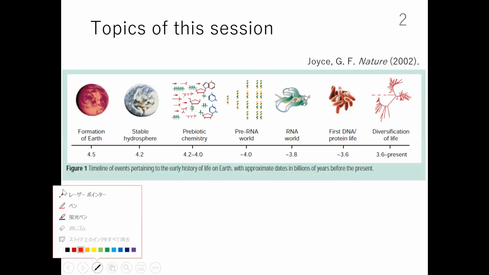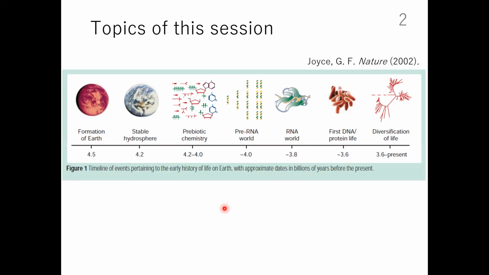I'd like to show you a figure from a famous review by Gerald Joyce. This figure shows the evolutionary scenario of the emergence and evolution of life, from the foundation of Earth to prebiotic chemistry, the RNA world, and present-day DNA-protein life.